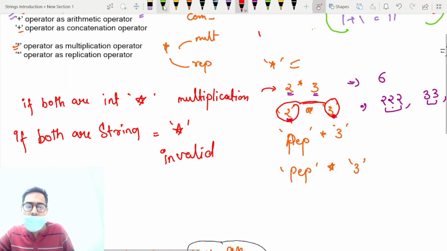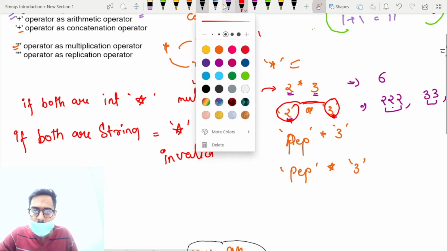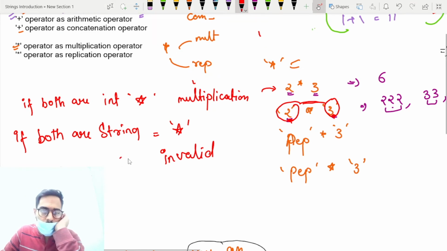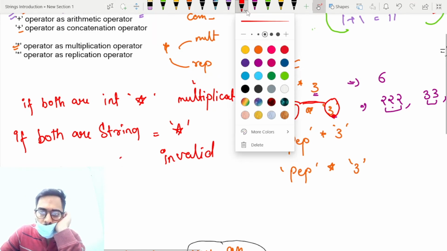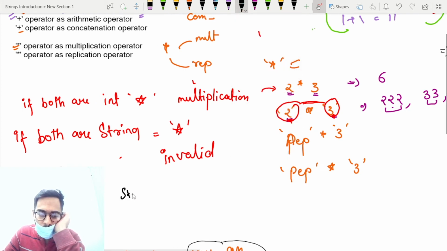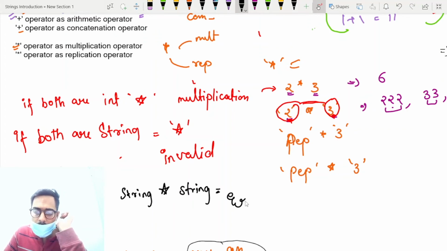It gives you an error, that is a string multiplied by string will give you an error. That is, it is not possible.